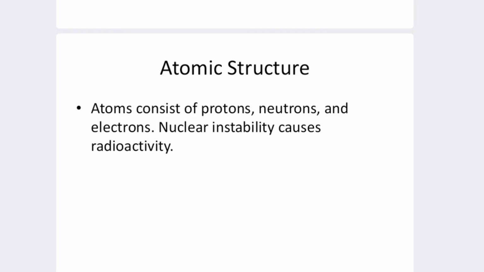Protons and neutrons are present within the nucleus of an atom, whereas the electrons revolve around the nucleus in specified energy levels or shells. If an electron, a proton or a neutron is removed from an atom, the atom loses its stability, and this nuclear instability causes the radioactivity.